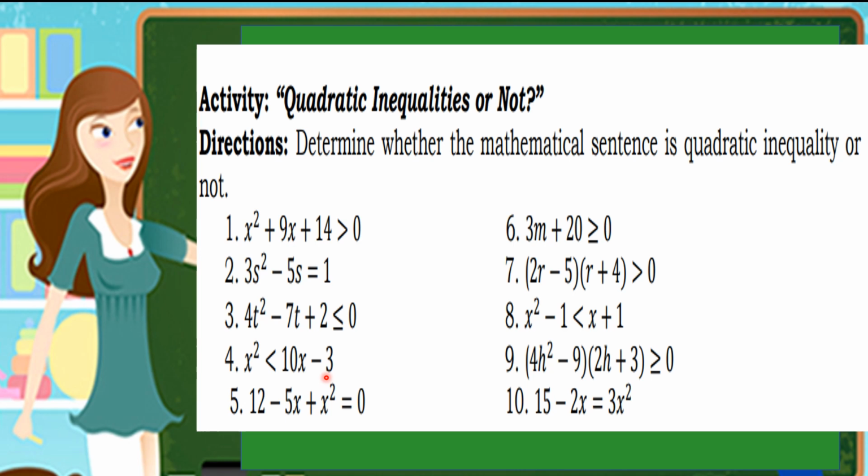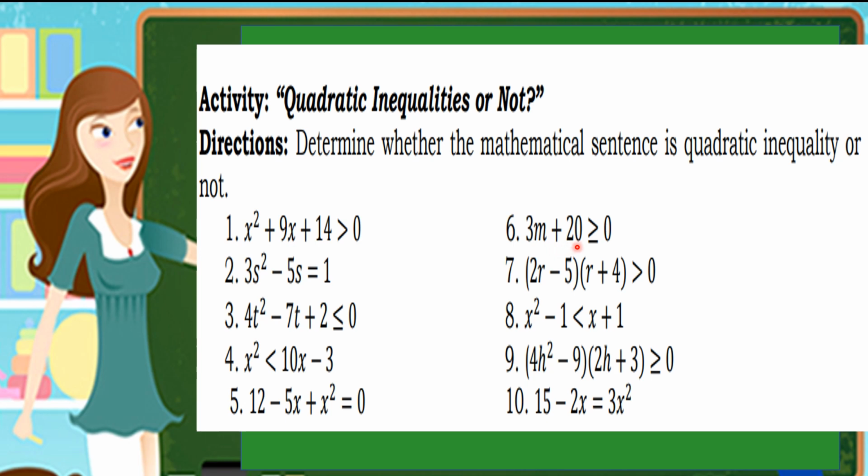Okay, this is also a quadratic inequality. Then number 5, we have 12 minus 5x plus x squared is equal to 0. Okay, not a quadratic inequality. Why? Because the given is an equation.